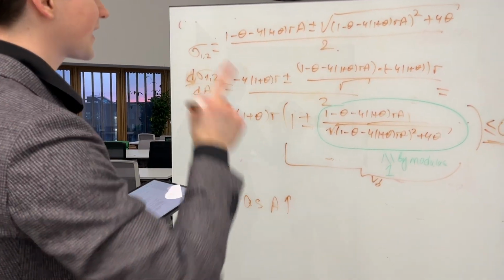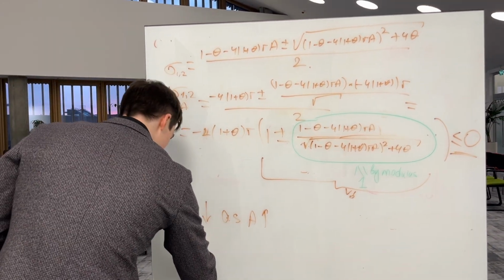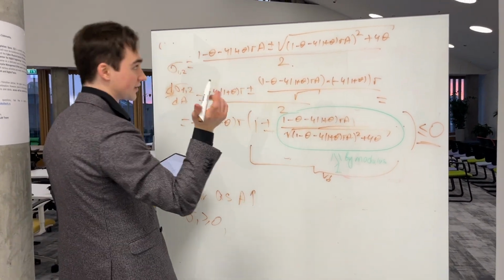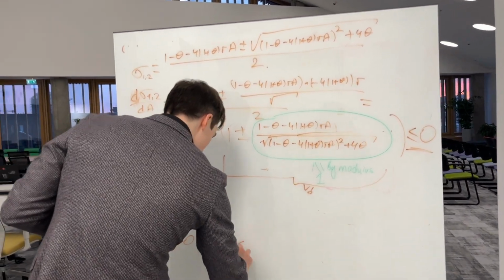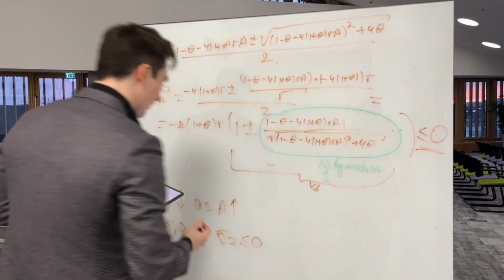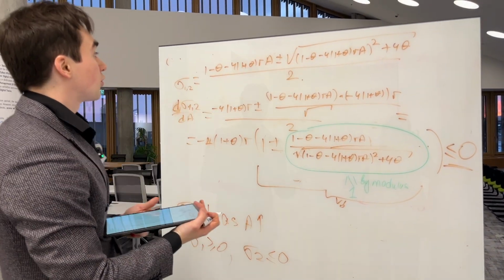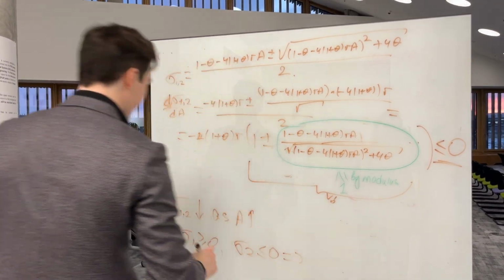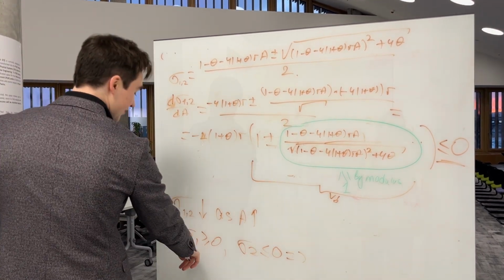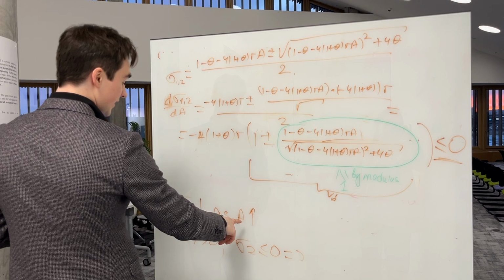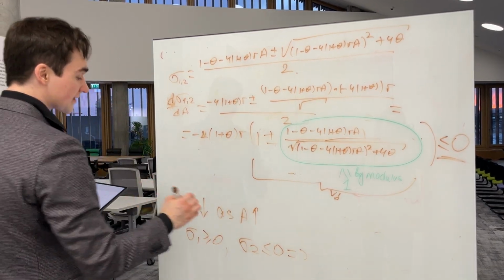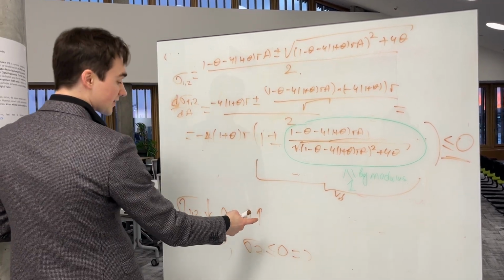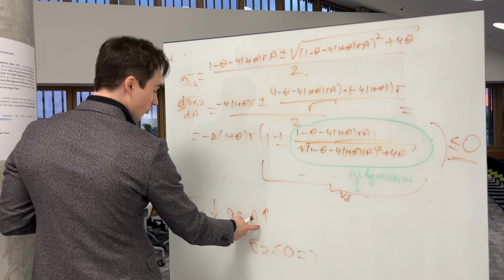And also what we can notice is that sigma 1 is always positive, not negative, maybe it's correct to say, and sigma 2 is non-positive, because you can prove it the same way as here. So that's why the maximum value for sigma 1 will be at the minimum value of A, and the absolute maximum value for sigma 2 will be at the maximum value of A.